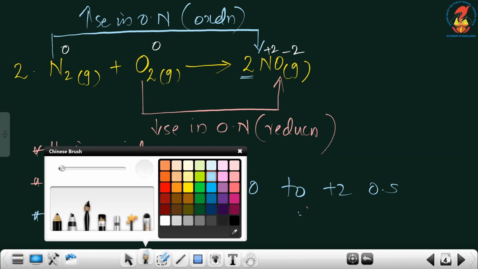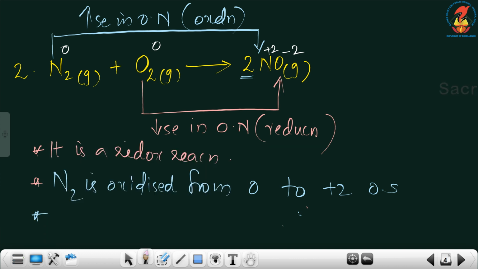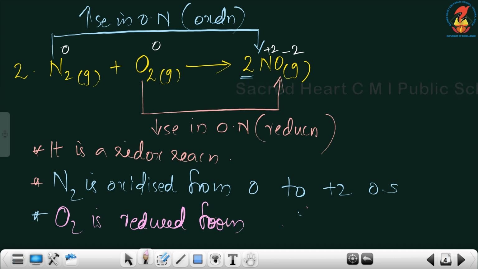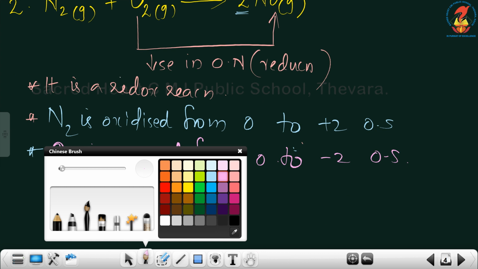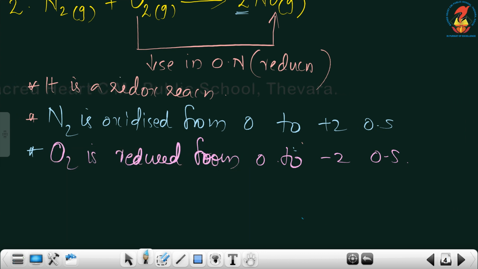At the same time, in the case of oxygen, it is reduced from 0 to -2 oxidation state. So what we can say about N2? N2 is oxidized, meaning undergoing oxidation. So it is acting as the reducing agent or reductant.